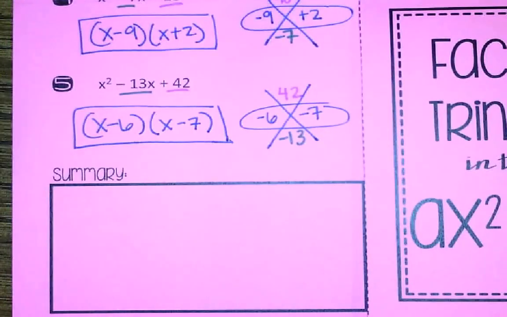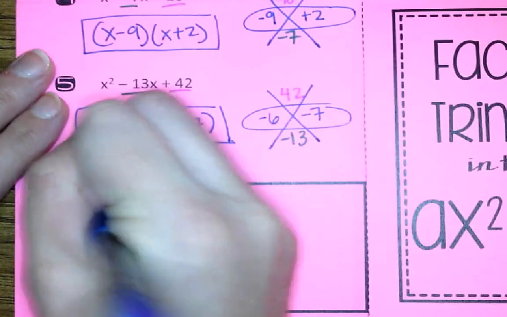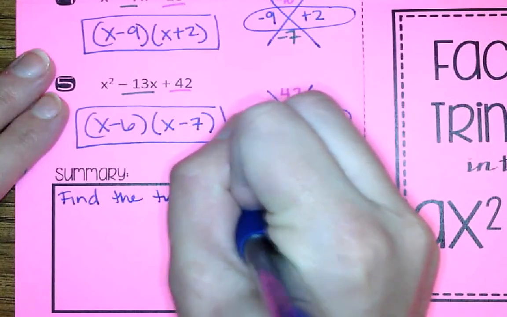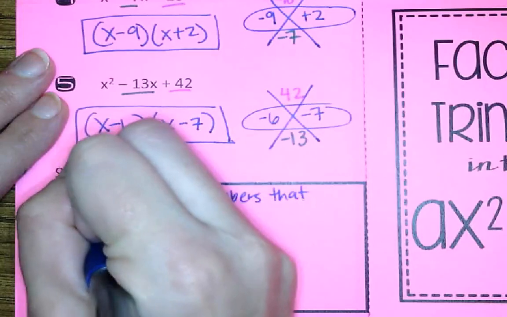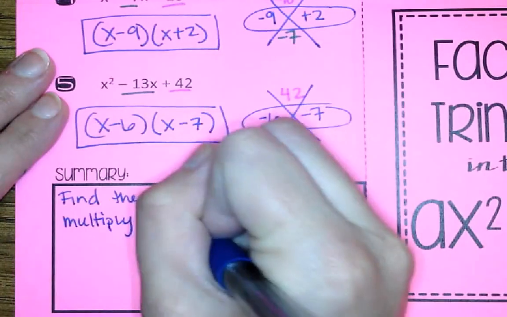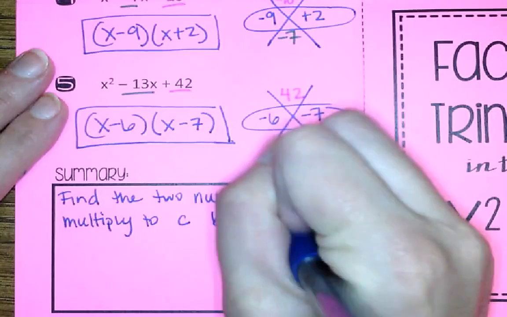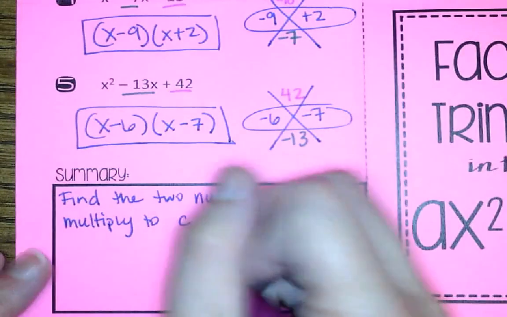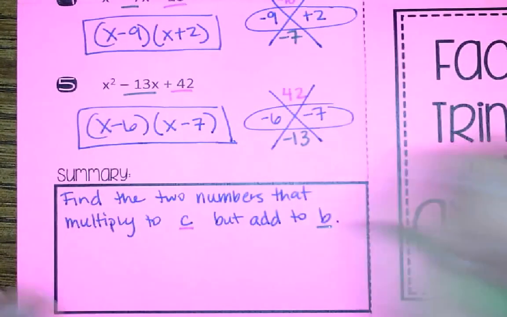So in summary, all you have to do is find the two numbers that multiply to C but add to B. Right? We want to find the two numbers that multiply to our C but add to our B.